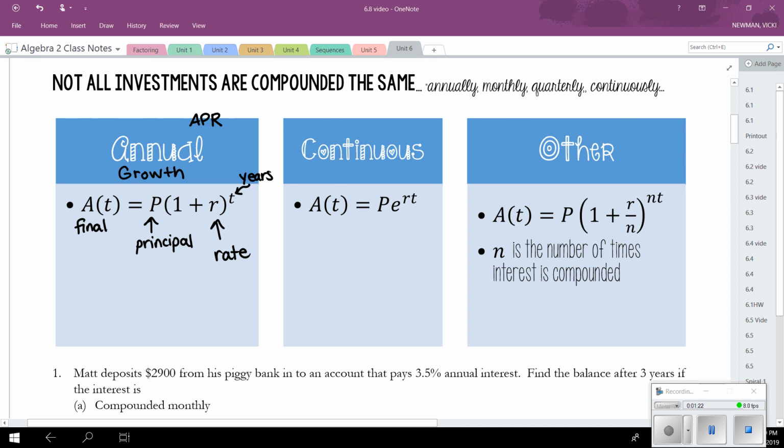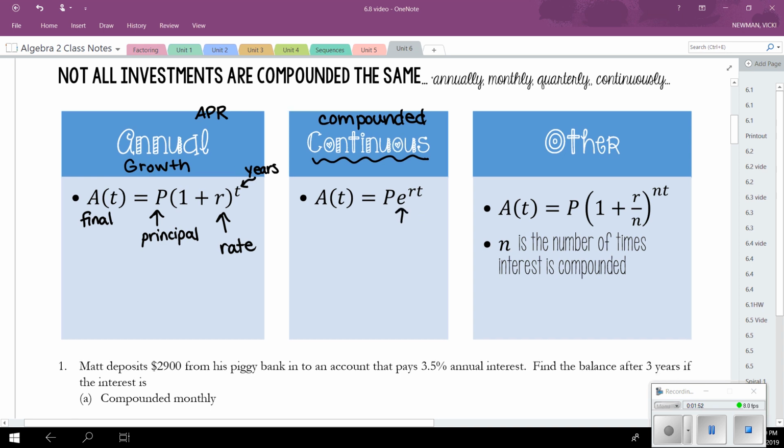There's also something called continuous growth. Most of the time this has to do with science, rate of growth of bacteria or rate of decay of some isotope. So when you see the word continuous or compounded continuously, you need this formula, which is the same as the other one, except instead of 1 plus R, we have e, which is just the base e, just the number.